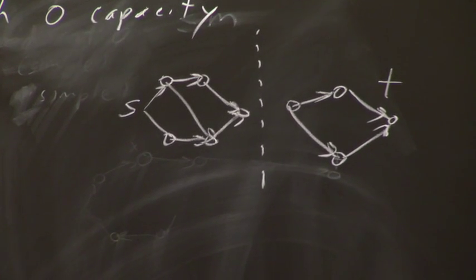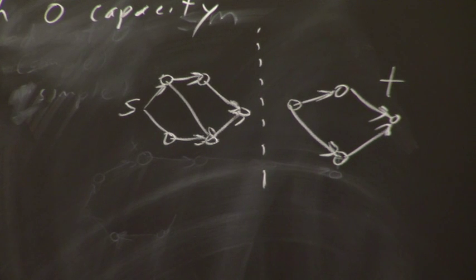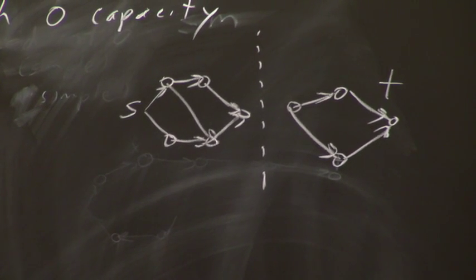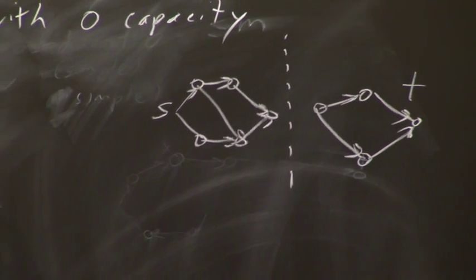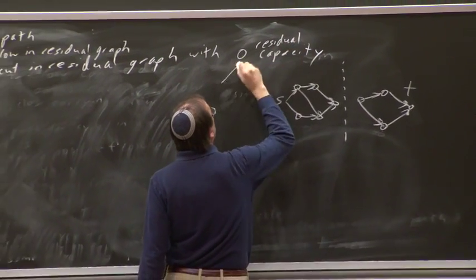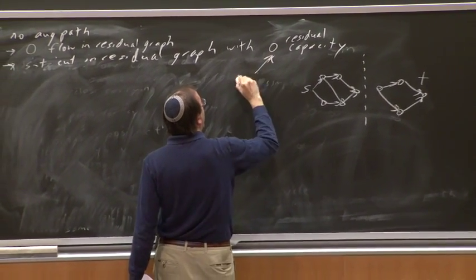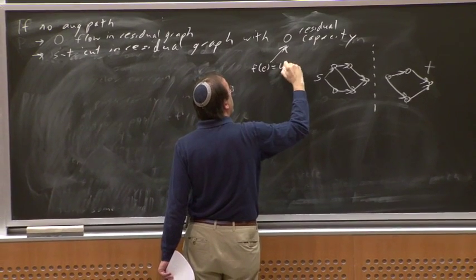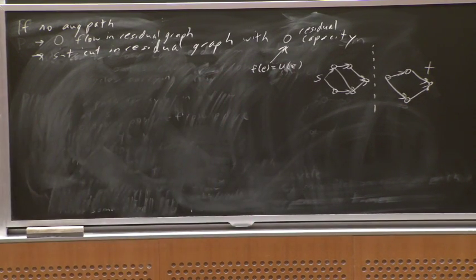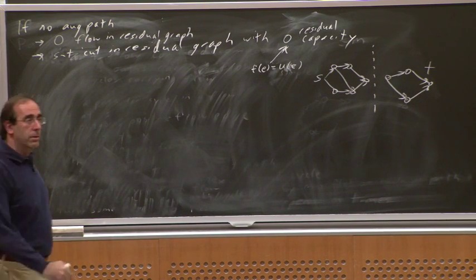But what does it mean for an edge to have 0 capacity in the residual network? What is that saying in the original network? It's saying that it's used up, right? So 0 residual capacity means that f of e is equal to u of e on that edge, because the residual capacity is just the difference between those two quantities.